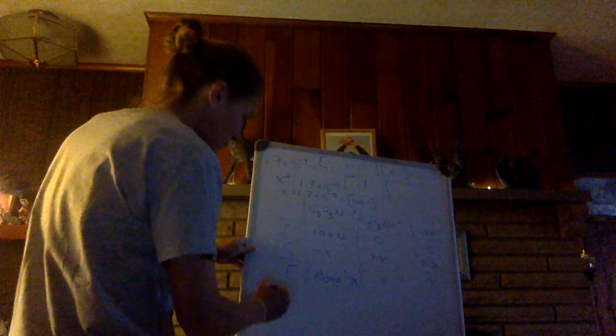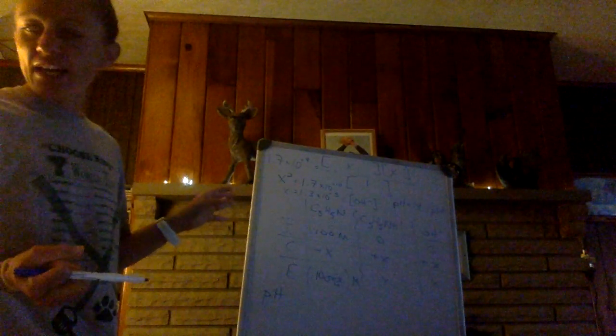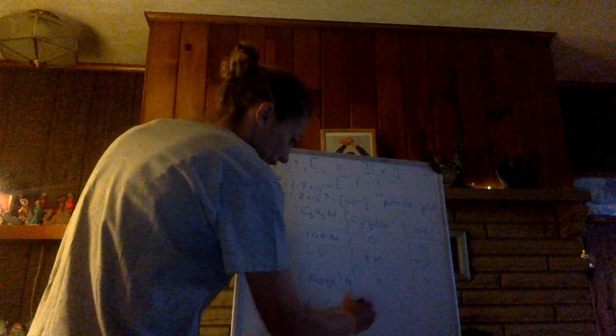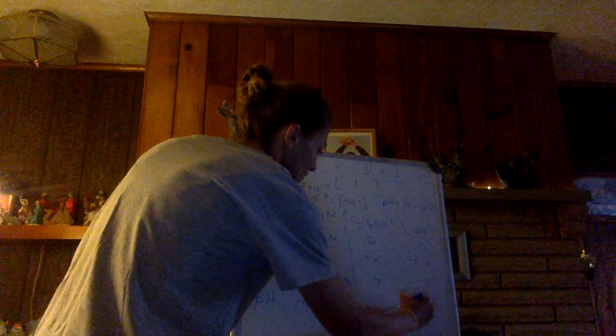Nothing crazy, but let me think. If I want pH, I know that pH equals 14 minus pOH. That's what I'm going to use to get here. So, let's set it up. pH equals 14 minus the negative log of 1.3 times 10 to the negative 5th.